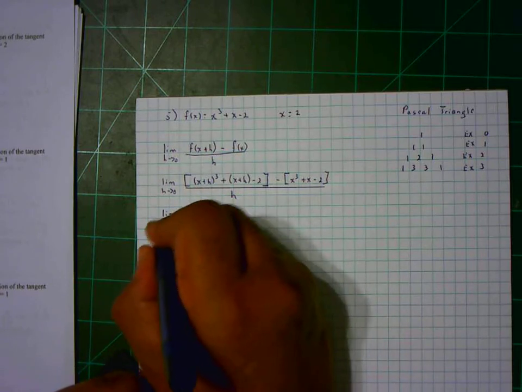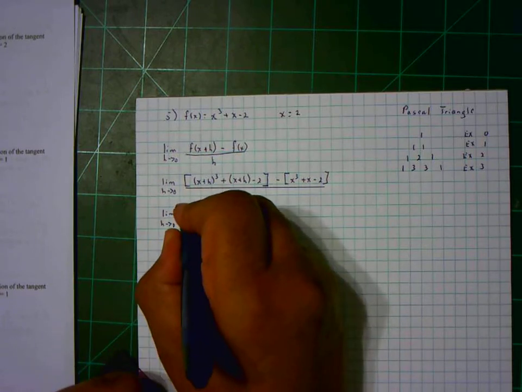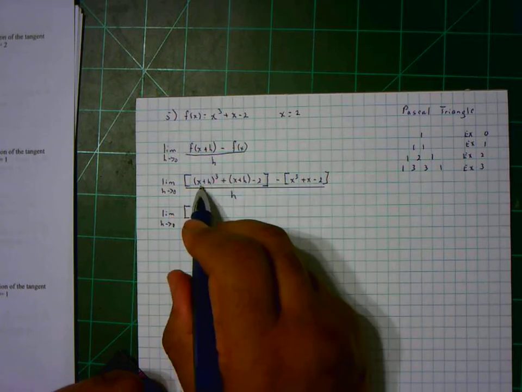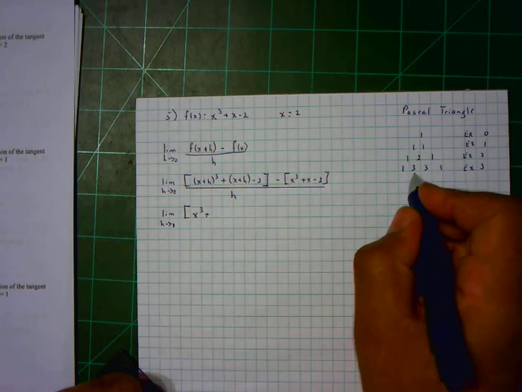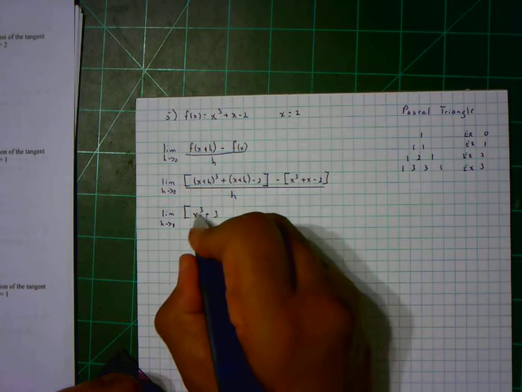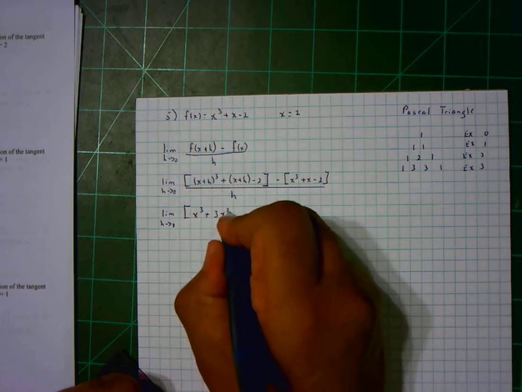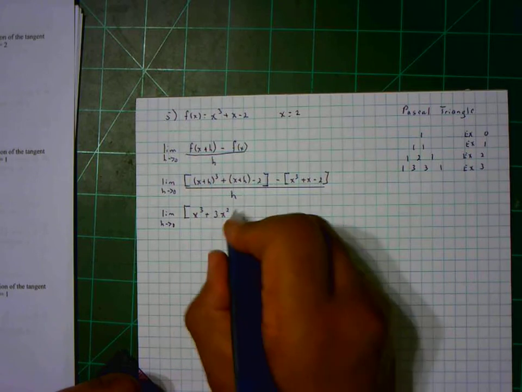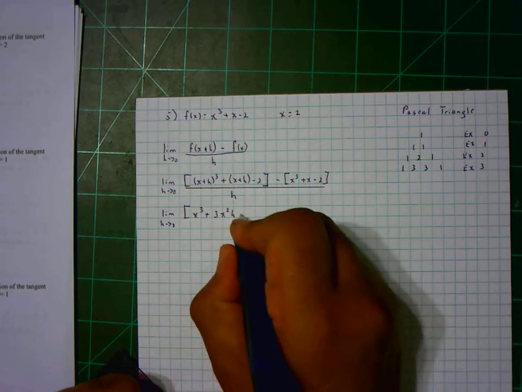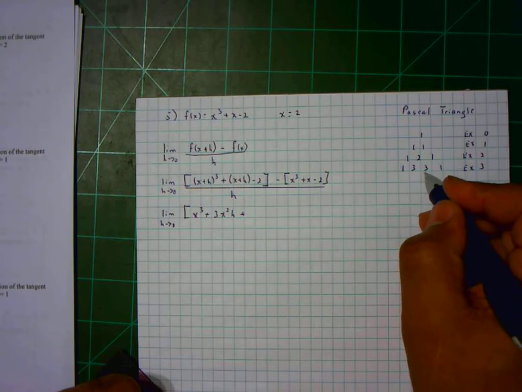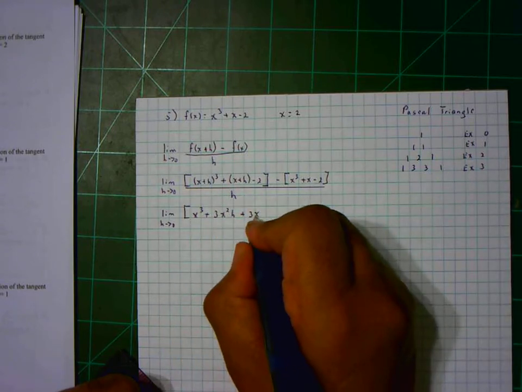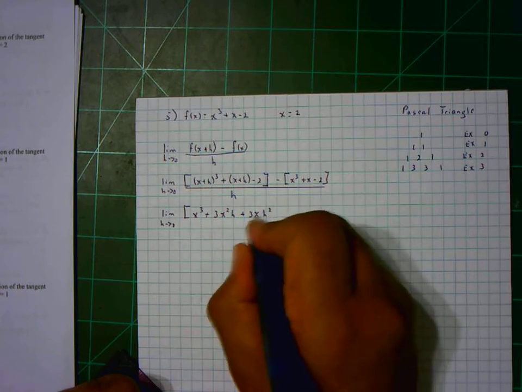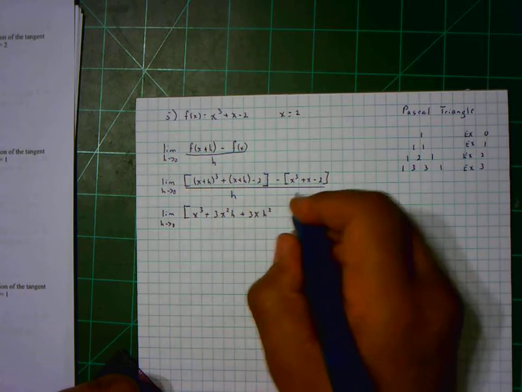The limit as h goes to 0. Now the first coefficient of the first x term is going to be 1, so this is just x cubed. The next coefficient is 3, but if x is cubed here, it has to be squared here, but these exponents all have to add to 3, so I have an h to the first power. Second coefficient is 3, x to the first, and then h has to go to 2 because all the exponents have to add to 3.